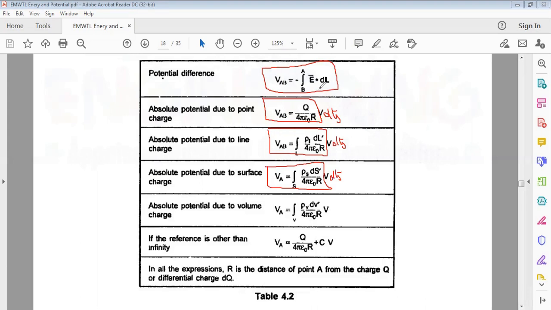After substituting the values in this, with dL equal to dR into aR, from that we derive the expression of the absolute potential due to the point charge, Q by 4 pi epsilon naught R. And the volume is also the same, by substituting dq equal to rho V into dV.